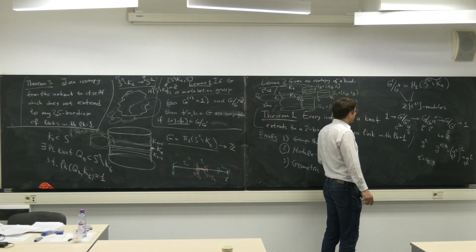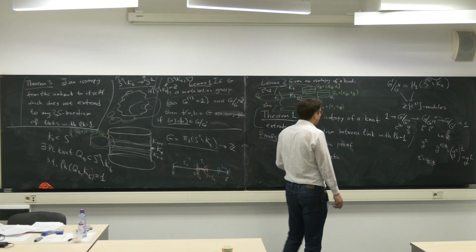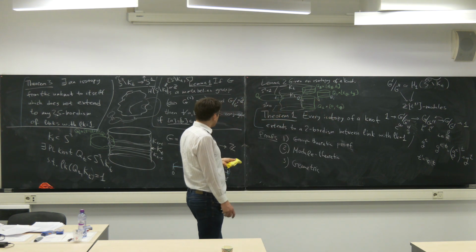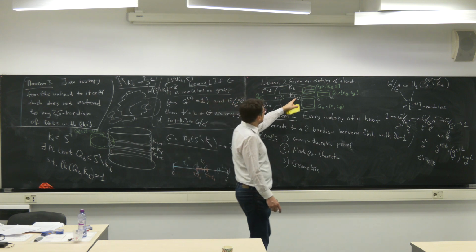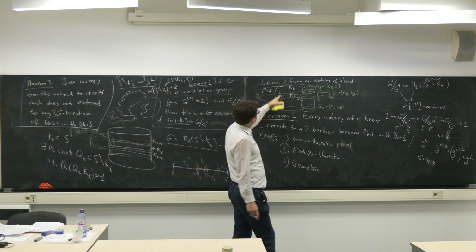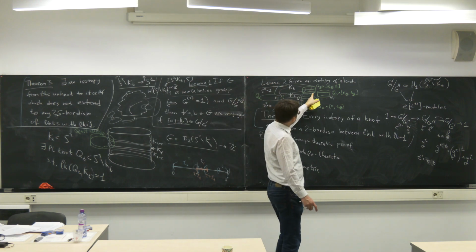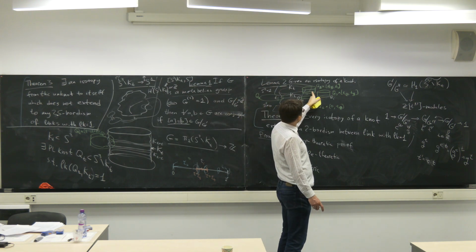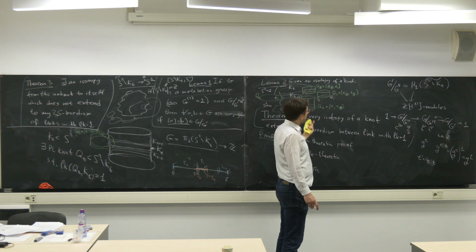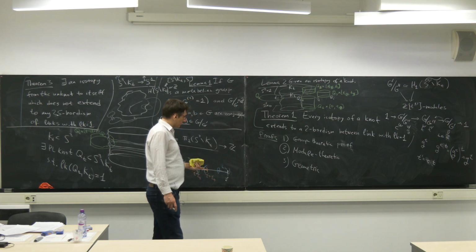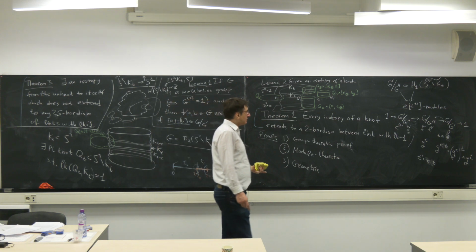So this was just a definition. Now, what do we want? We want to show that we are still using lambda 2. We will always use lambda 2. We are given these two knots, and we want to prove that they are conjugate modulo the second commutator subgroup. This is all that we want to do.